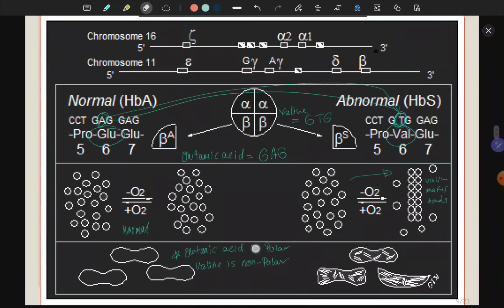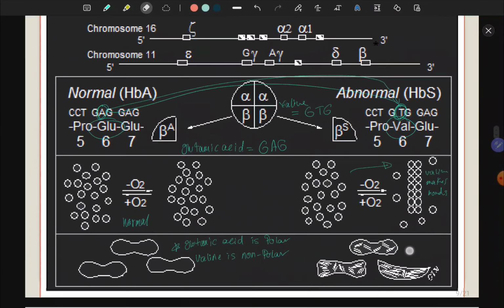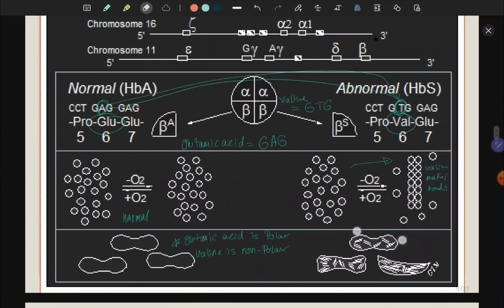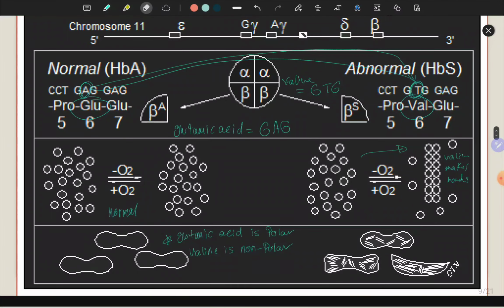With a bit of oxygenation, it will go back to the normal morphology. But with repeated oxygenation and deoxygenation, there is permanent damage to the RBC, and it will stay in the sickle shape, which is this one. Now this represents the RBC, and this is the hemoglobin inside the RBC arranged in polymers. So the hallmark of the disease is polymer formation.